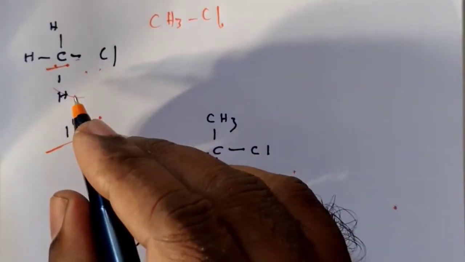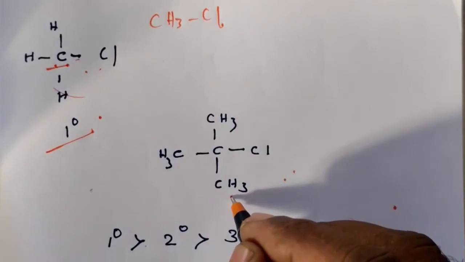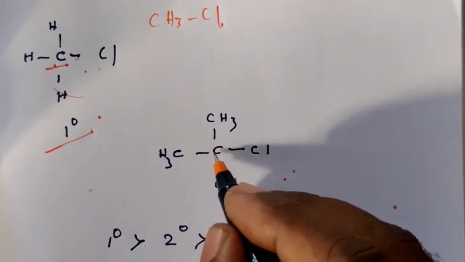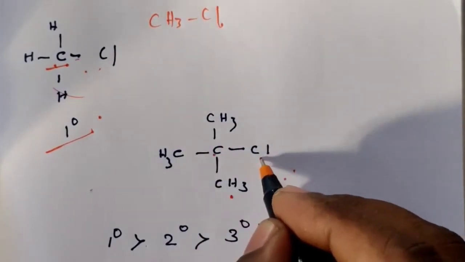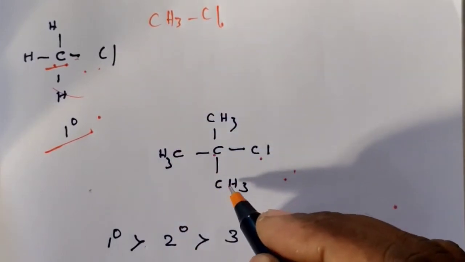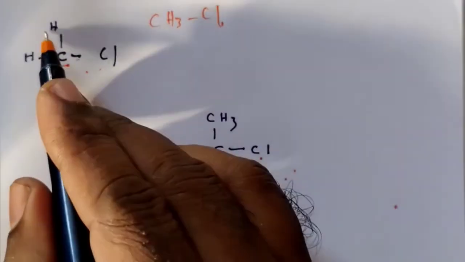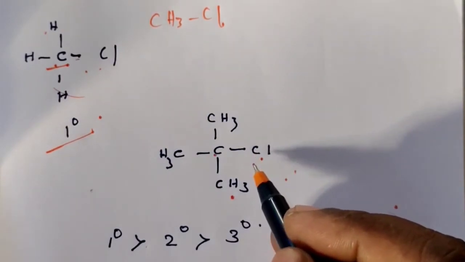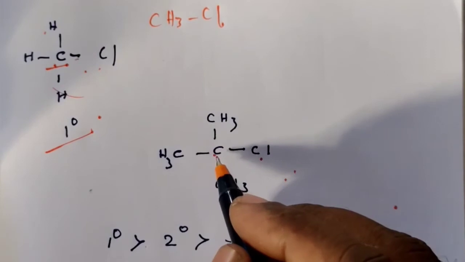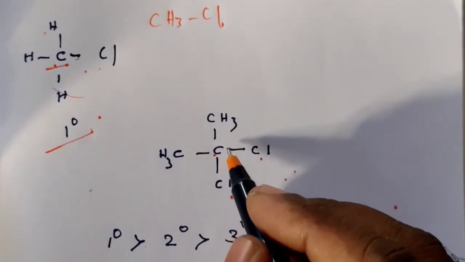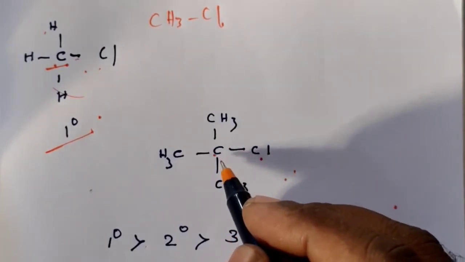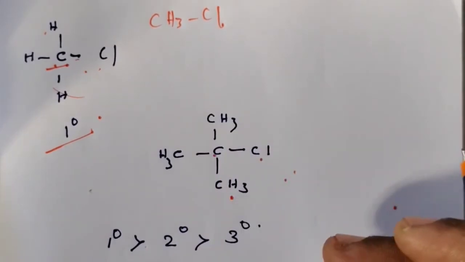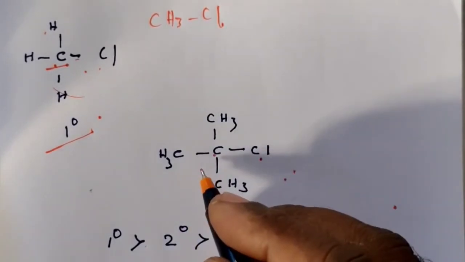It is actually a primary alkyl halide, because the carbon bearing the halogen is attached to no other carbon atom, only surrounded by 3 simple hydrogen atoms. But see this tertiary alkyl halide: here the carbon bearing the halogen is surrounded by 3 CH3 groups. Compared with hydrogen, the CH3 group is considered a bulky group. The presence of bulky substituents around the central carbon atom hinders this reaction.